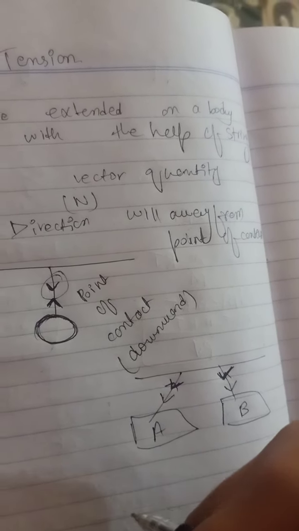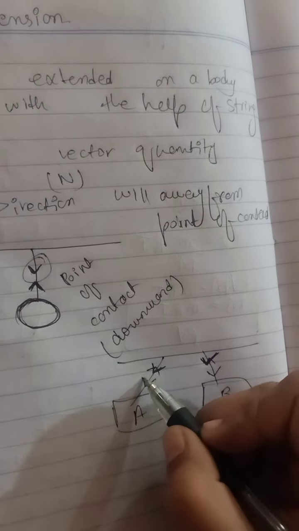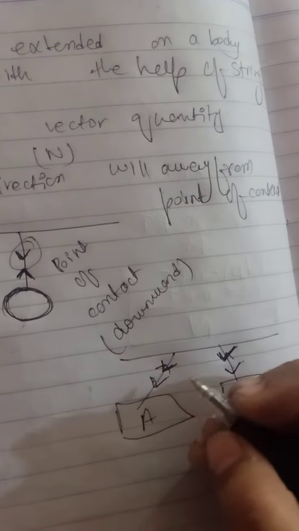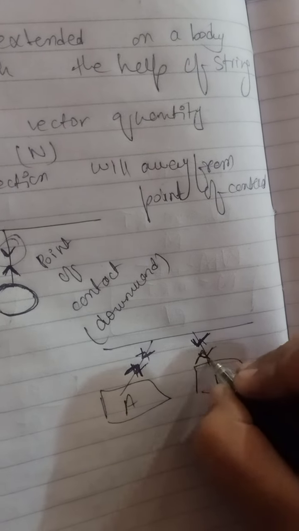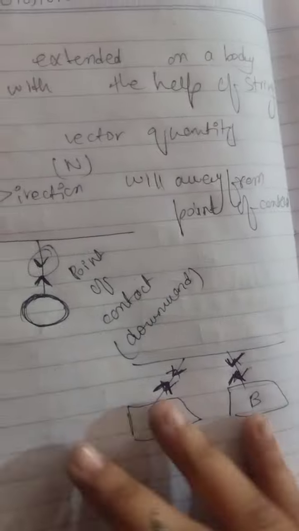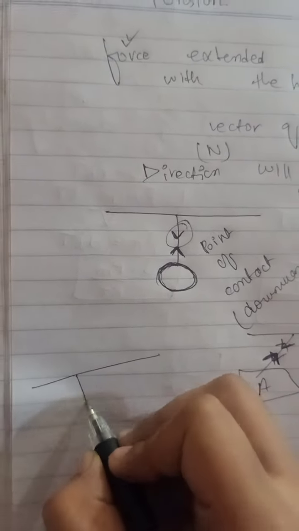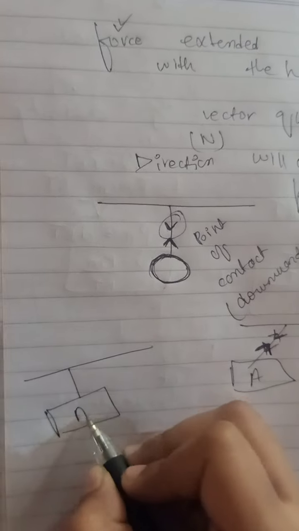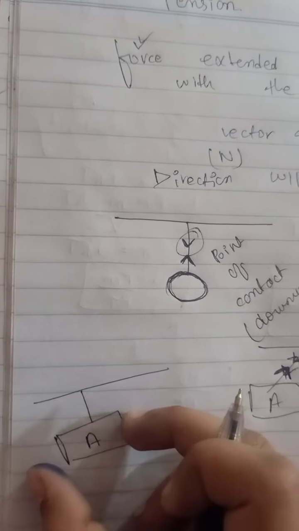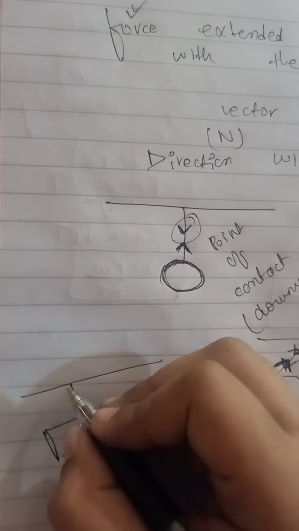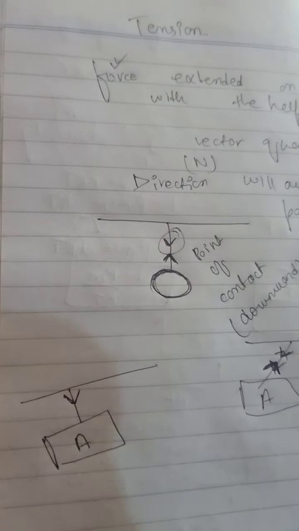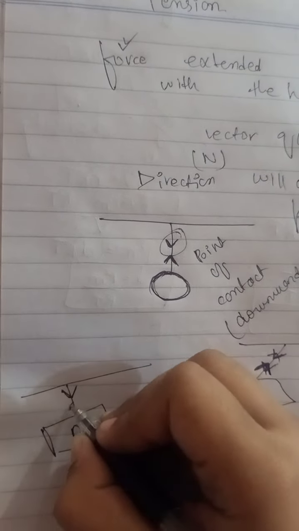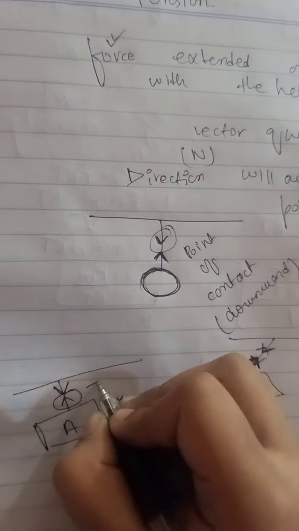So the force is exerted, that's why the direction is upward. Let me discuss one more, this is body A. The weight of this body is downward. But the tension that is exerted on this mass is upward. So that is the tension.